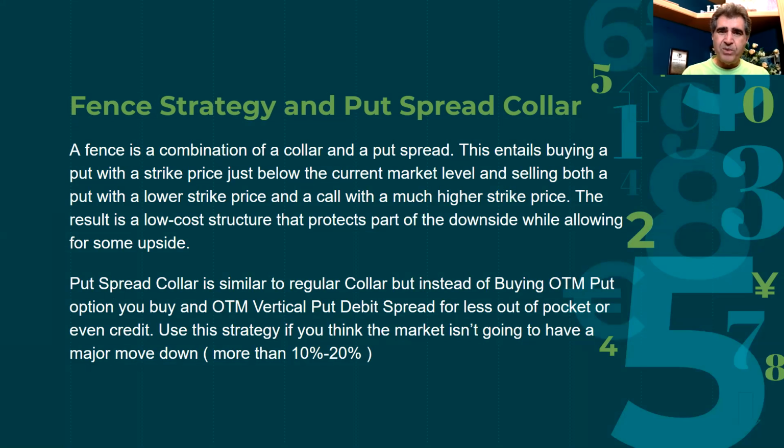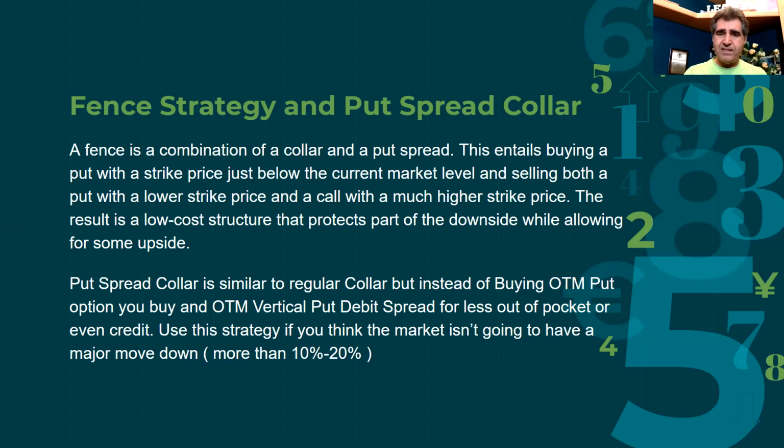The next strategy is called the fence strategy, and the put spread collar. They're pretty similar, except the fence strategy is a little fenced in. It's again the same collar strategy, except remember what we are thinking about is we are buying a put, which is usually expensive, and we want to finance it.